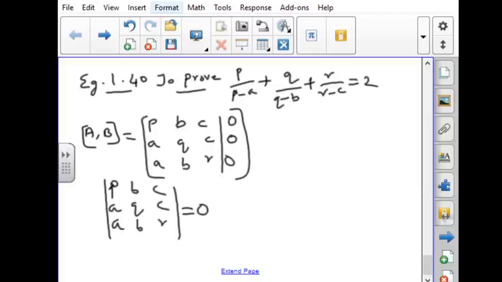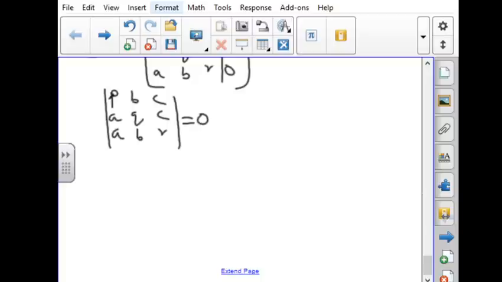Now we have to prove this result. To prove it, we will reduce this. What we do is R2 we take as R1 minus R2 and R3 we take as R1 minus R3.